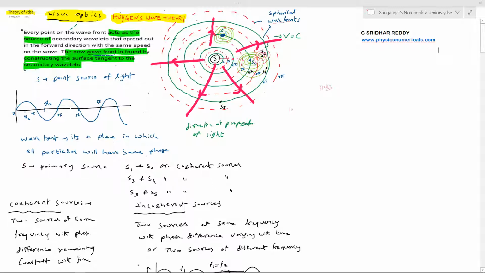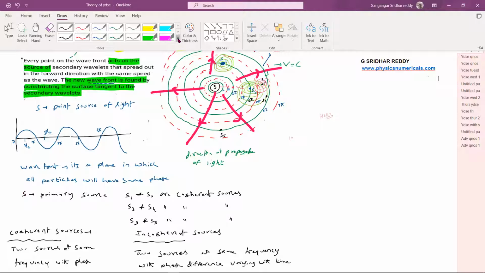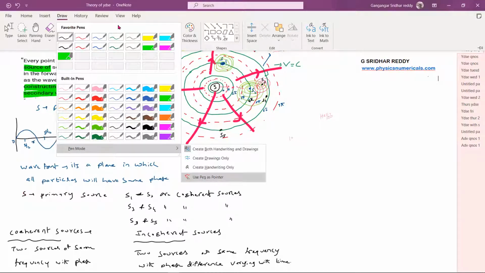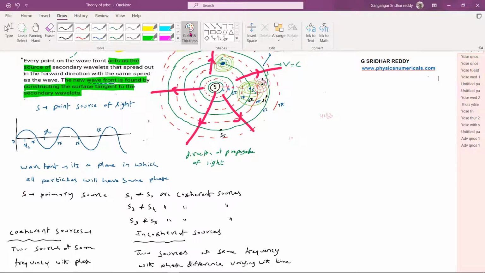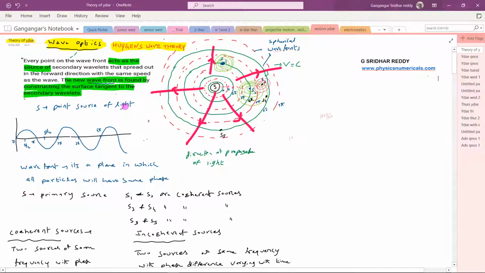So first we'll start with, let me bring the pointer. Okay, now let's do one thing. Let me start like this. So the chapter name is wave optics. Fine. And the Huygens wave theory is what we are going to discuss.